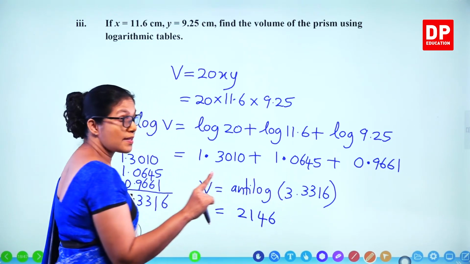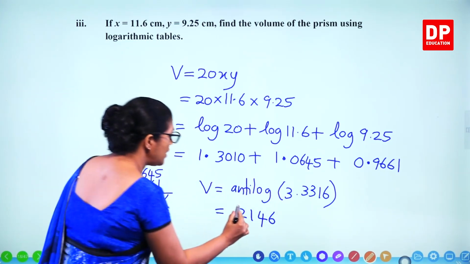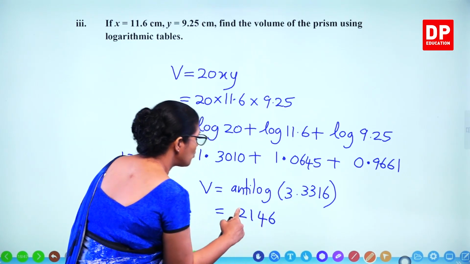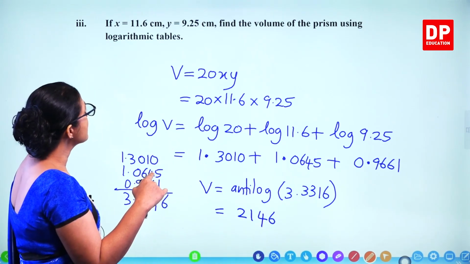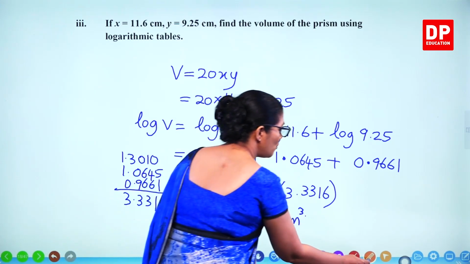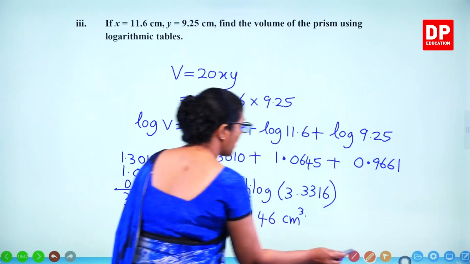This is 3 point something, so you have to move the decimal point 3 places: 1, 2, 3. So 2146 cubic centimeters is the volume using logarithmic tables.